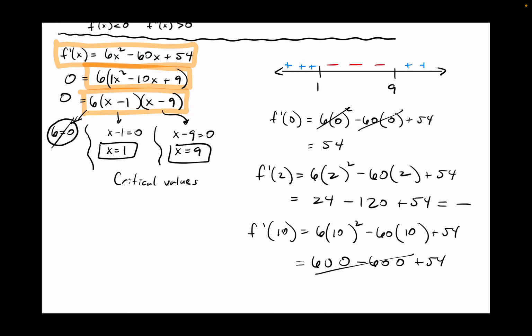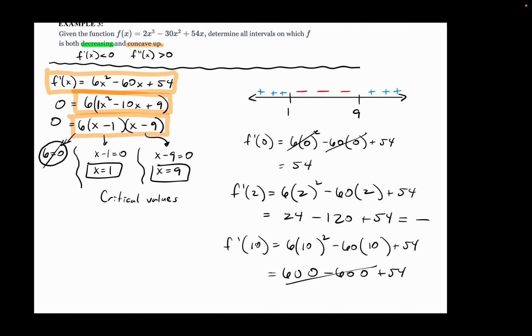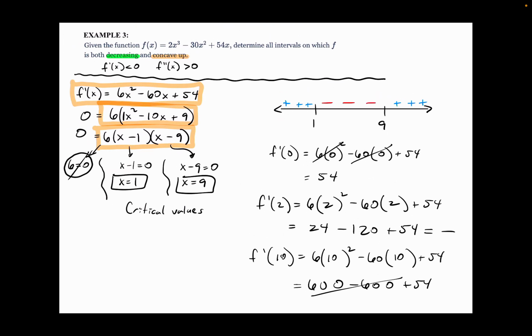Positive. So it's increasing from negative infinity to 1, decreasing from 1 to 9, increasing from 9 to positive infinity. But I'm not done yet. I have to figure out where it's also concave up and concave down.